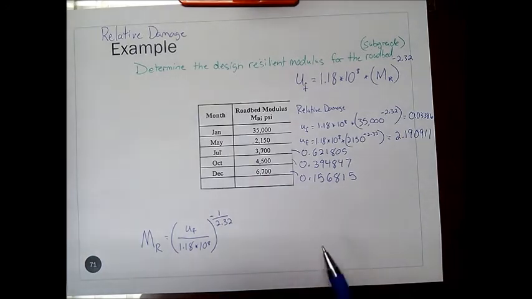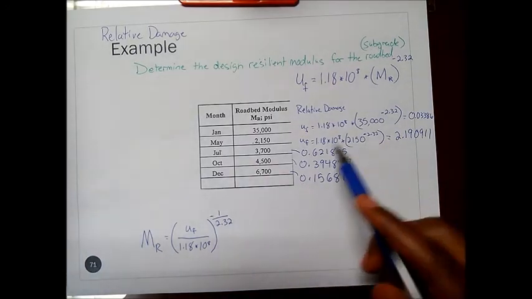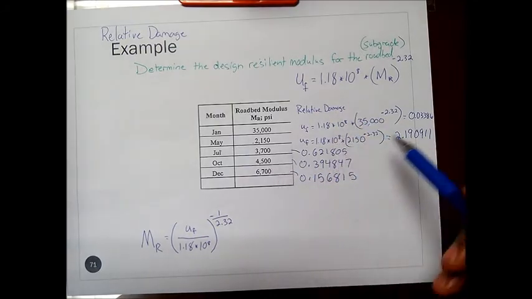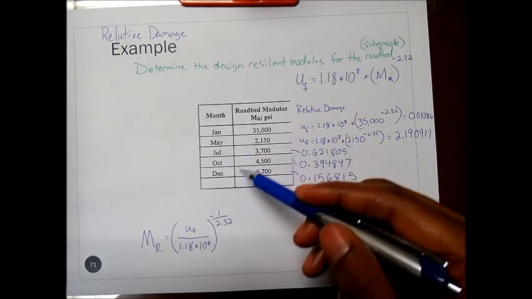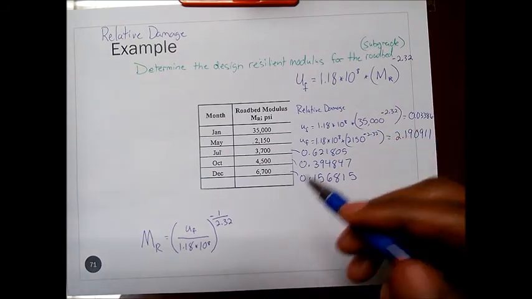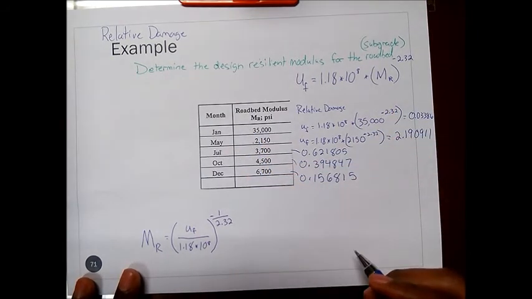Now I need to figure out what the average is, because the average is what I need. If I take the average relative damage, then I've really accounted for all the weather patterns and weather changes and soil changes that occur throughout the entire year, at least for the information that I have.